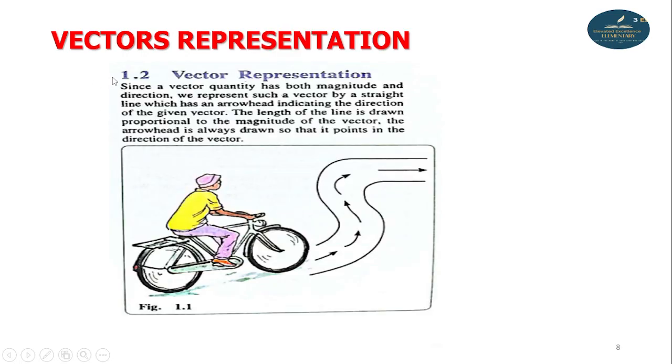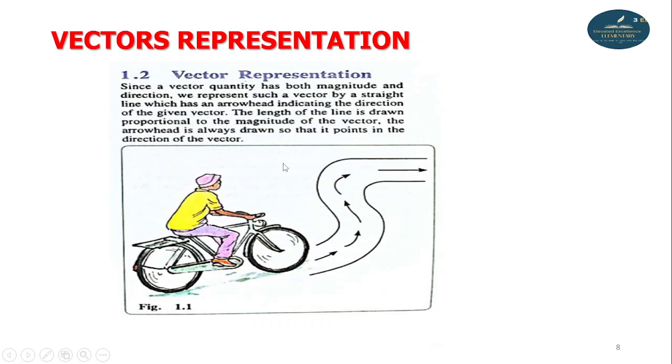So now let's look at the representation of vectors. Since a vector quantity has both magnitude and direction, we represent such a vector by a straight line which has an arrowhead.